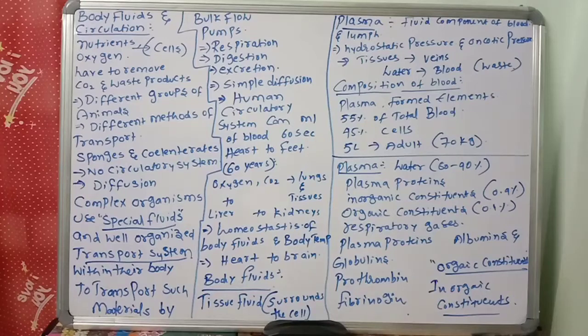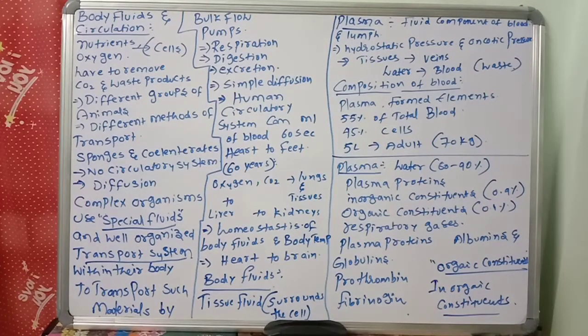Prothrombin and fibrinogen: what is their use? Prothrombin is very important. Fibrinogen is important for the clotting of the blood. You should remember that point. Most importantly, plasma consists of organic and inorganic constituents, which are very useful.